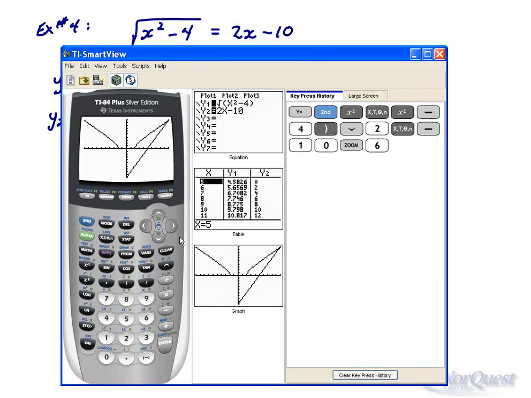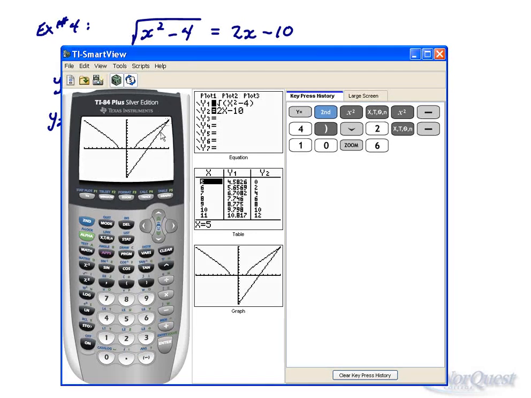Notice that the point of intersection seems to be up in our top right. I don't really care about the graph on the left because it looks like it'll never cross that straight line anyway. The graph on the top is going up and left. The graph on the bottom is going down and left. They would never cross. So we want to chase that point right at the top here in the right.